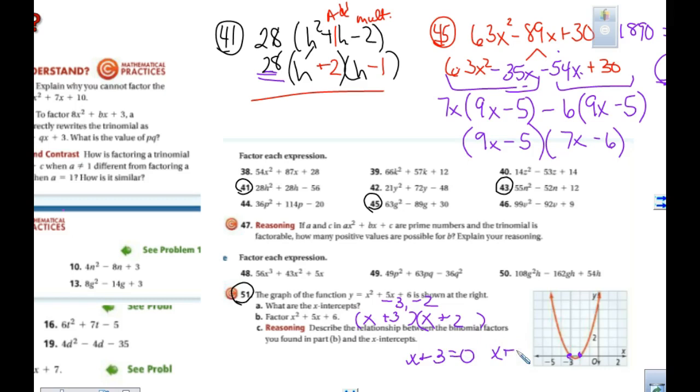So when we get into the next unit, you are going to be looking at solving problems like this. If x plus 3 equals 0, what is x equal to? When you subtract 3 from both sides, right? -3. That's this answer. And when you subtract 2 from both sides, -2. So this is kind of where we're going with this. This is kind of the lead-in to question 51.